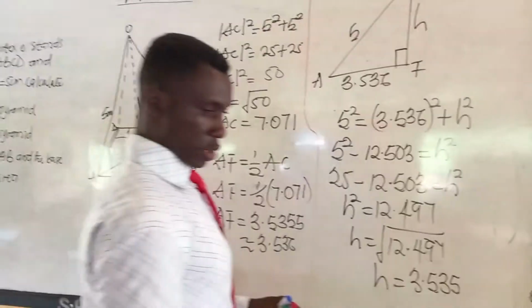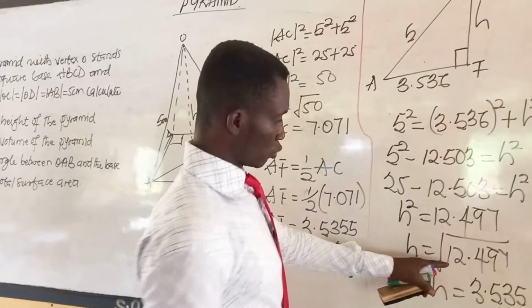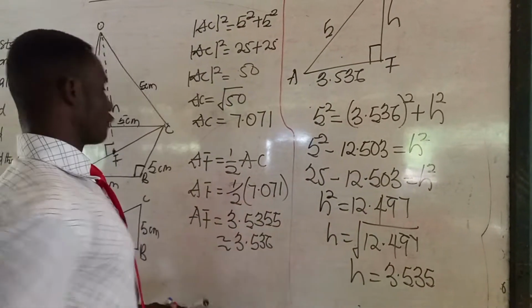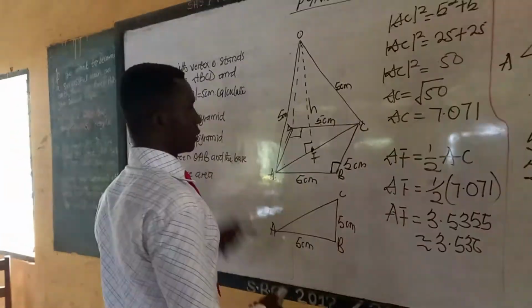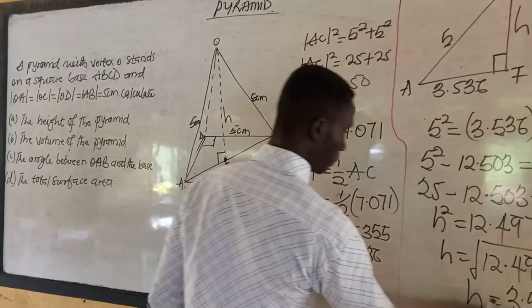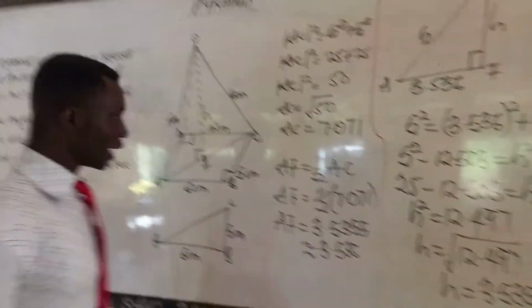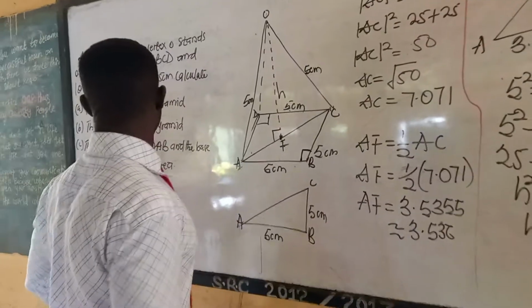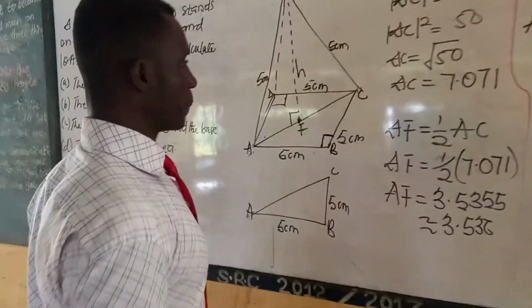That is the square root of 12.497. So this is the height of the pyramid. So A, we are finished with A. The height of the pyramid is 3.535. That is great. Now let's go to question B, the volume of the pyramid.